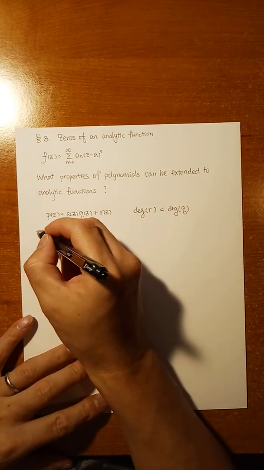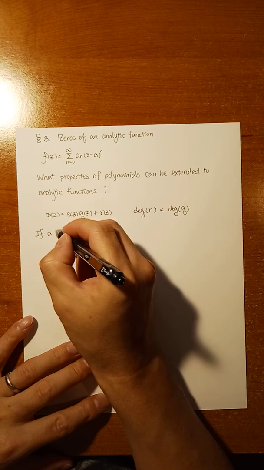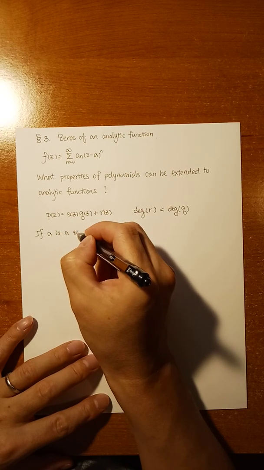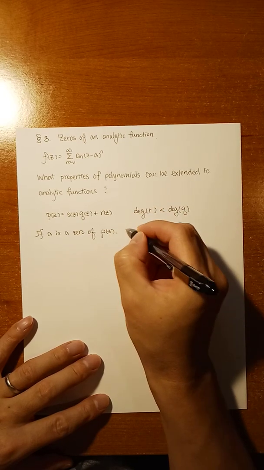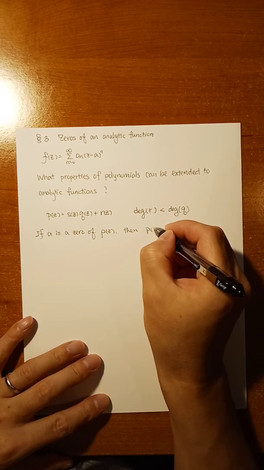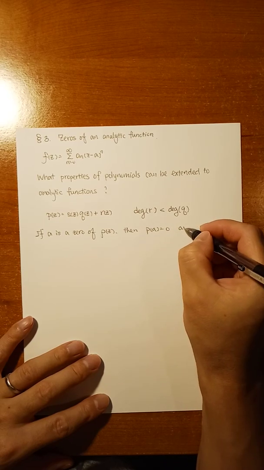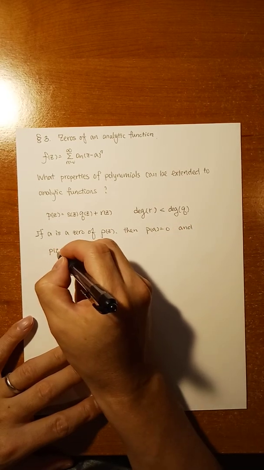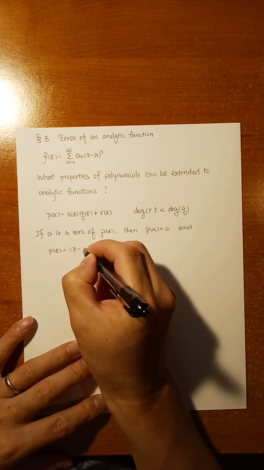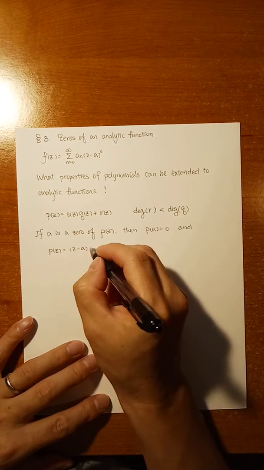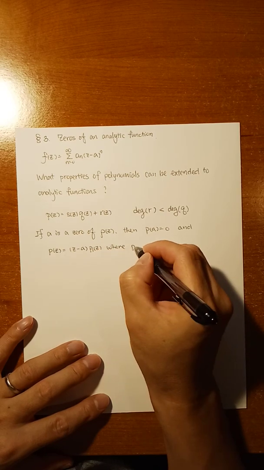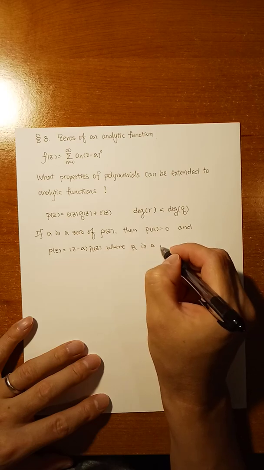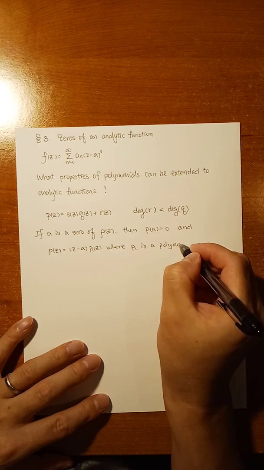Okay, so if A is a zero of P of Z, then we know that P of A is equal to 0, and P of Z can be written as Z minus A times, let's say, P1 of Z, where P1 of Z is again a polynomial function.